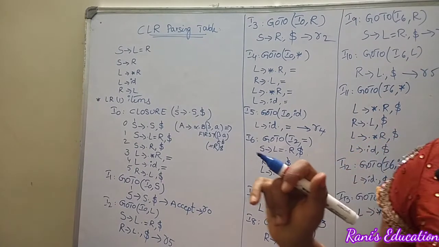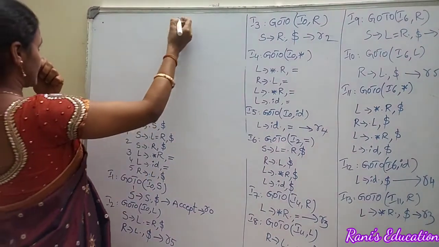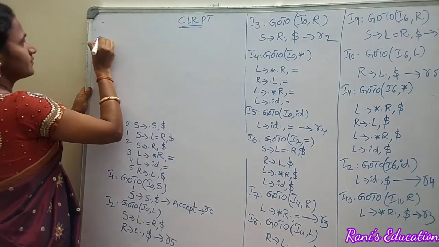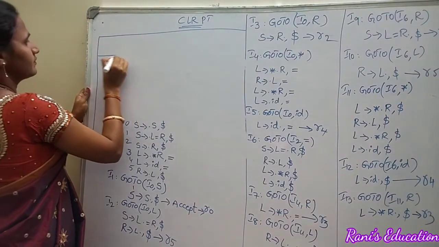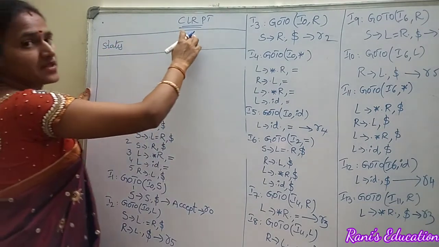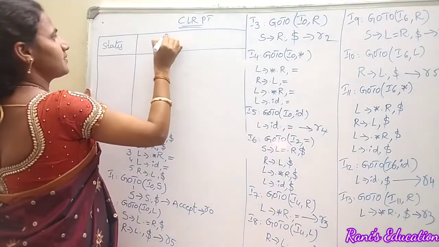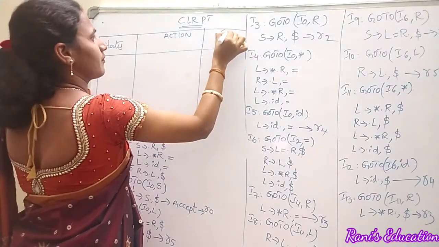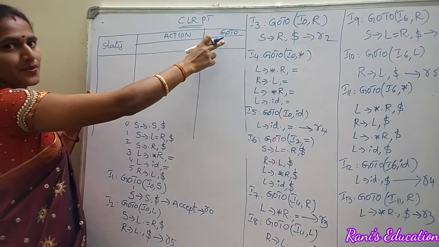Okay, now we'll see how to construct the CLR parsing table. As we all know, an LR parsing table consists of mainly two parts: one is the action part and the second one is the goto part. The action part deals with terminals, the goto part deals with non-terminals.